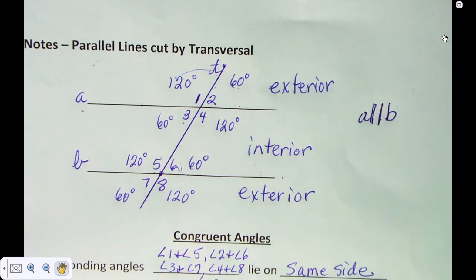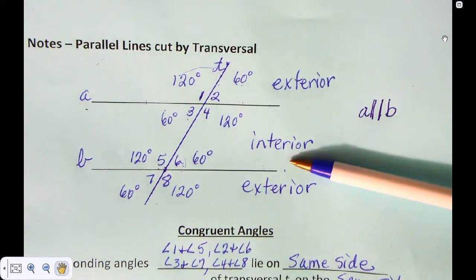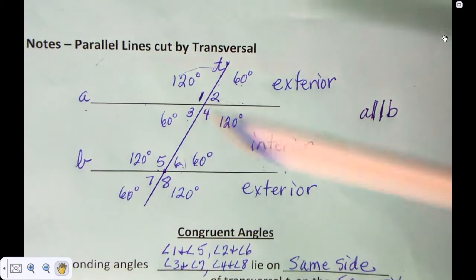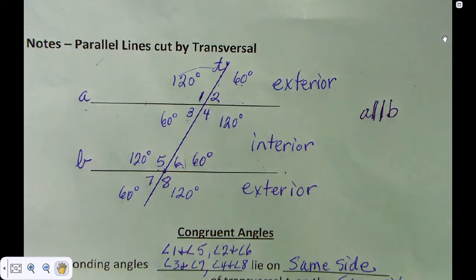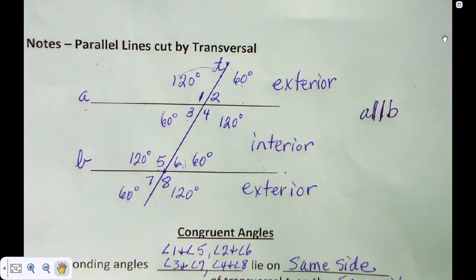Alternate exterior, 1 and 8, 2 and 7. Because these are parallel, then those alternate exterior and alternate interior angles are congruent. They're what? Congruent. Any questions about those?